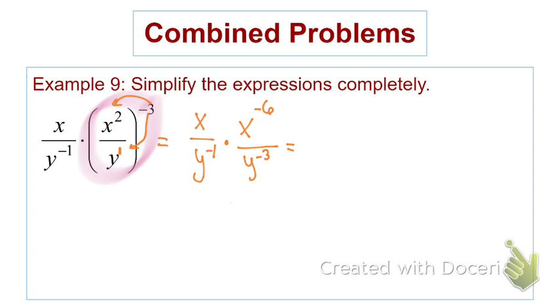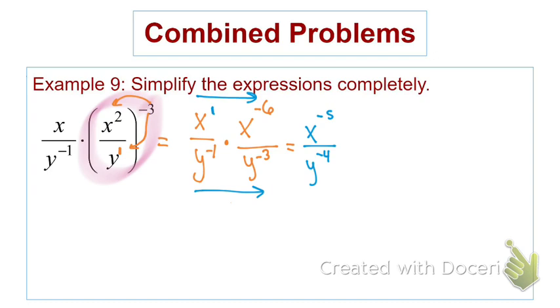And then as we multiply fractions, remember we multiply straight across the top and straight across the bottom. And this is our rule where we keep the same base and we add the exponents. So we keep the x's, and using the product rule, we do 1 plus negative 6 and we get negative 5. And then we do negative 1 plus negative 3 and we get negative 4.